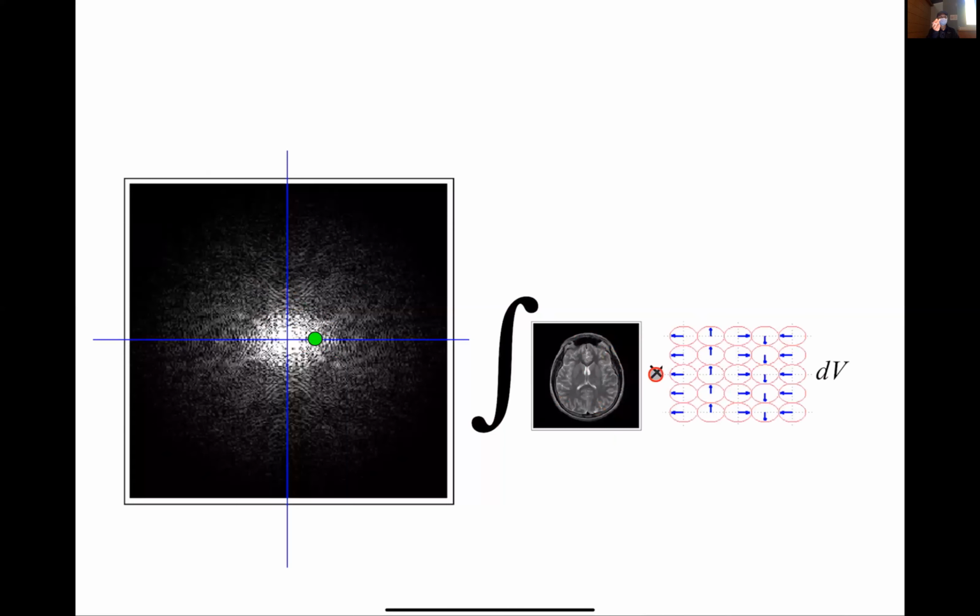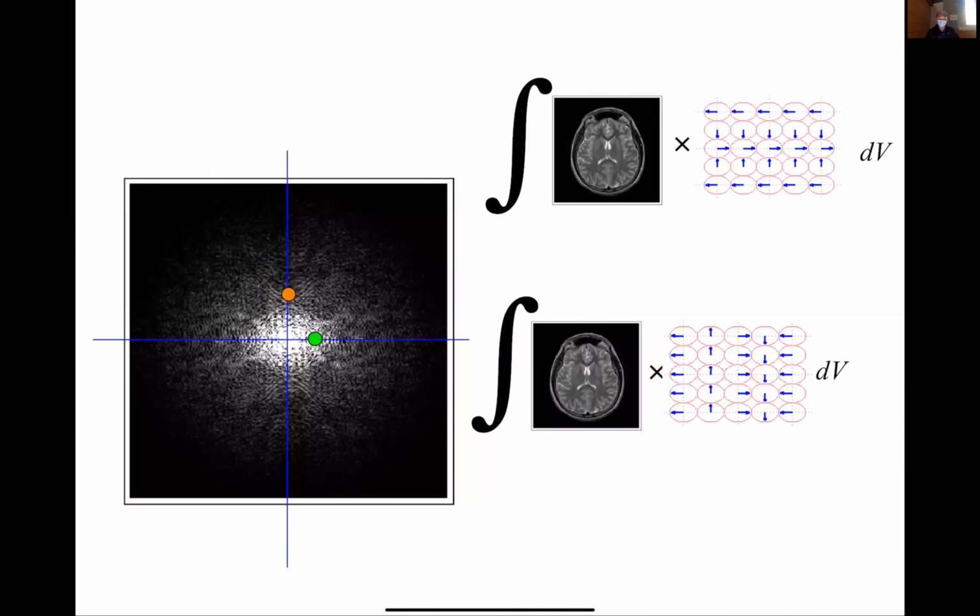Where there is no object, it essentially gets multiplied by 0. Where there's a lot of object, you're going to have a lot of spins at that phase, and that's how the multiplication gets done. So the really cool thing about MR is it's doing all this in the physical world. It's doing encoding, multiplication, and then integration.